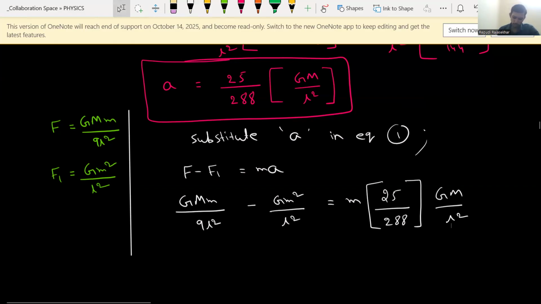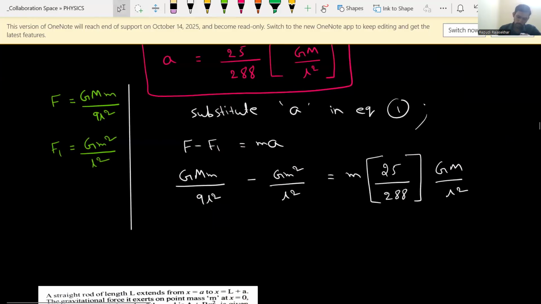Now here if you observe anything we can take common. Now L square values we can cancel first of all. This L square, L square, L square cancel. And here anything left? Small m. Yes, small m here, small m here. Here also m square is there, one small m gets cancelled. G value, G value, G gets cancelled.